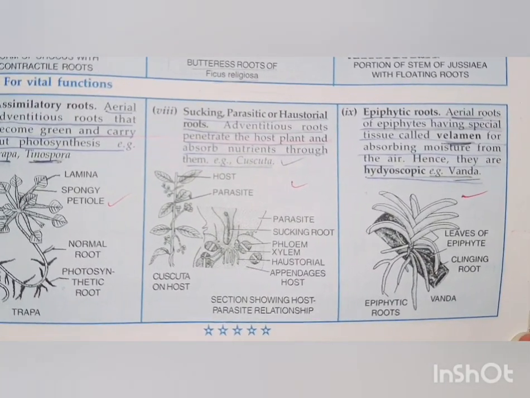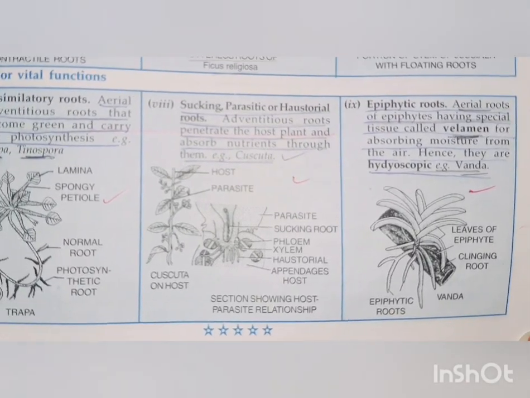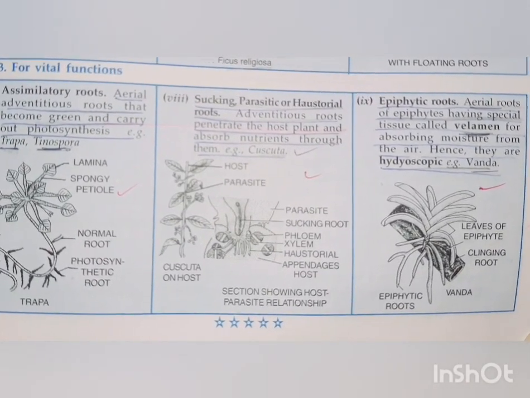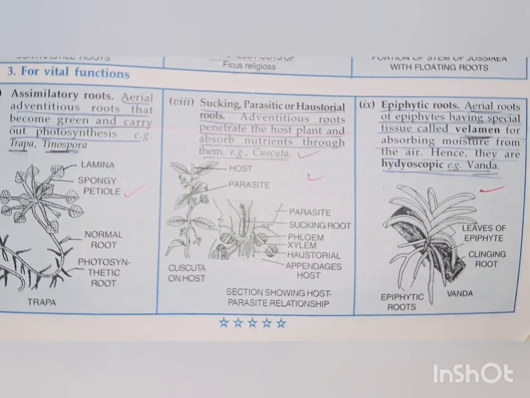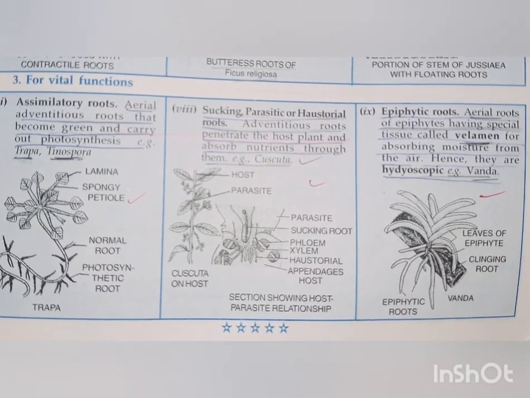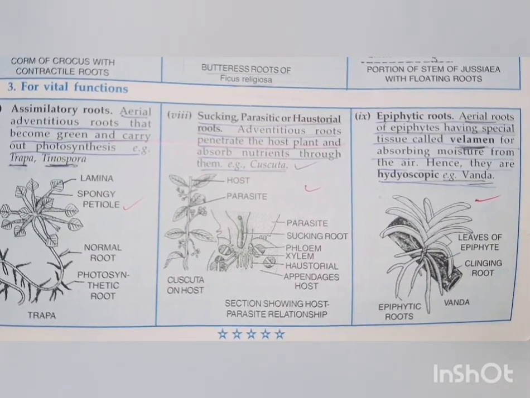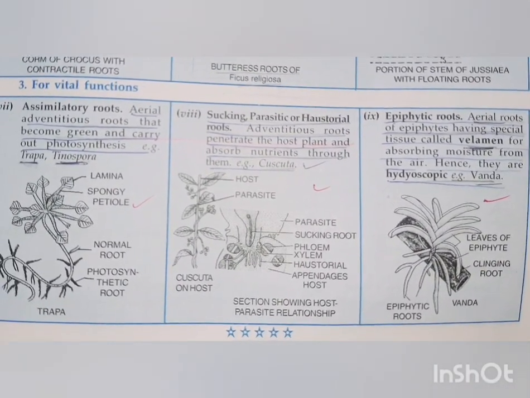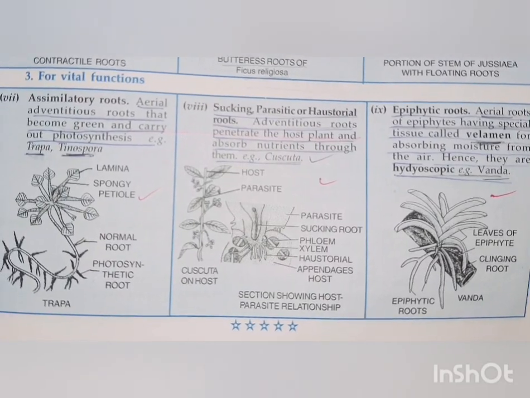Trapa and Tinospora. Then sucking or parasitic or haustorial root present in Cuscuta because it is a parasitic plant. The roots penetrate inside the host plant and derive nutrients from its body.